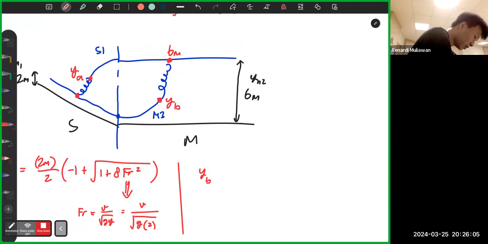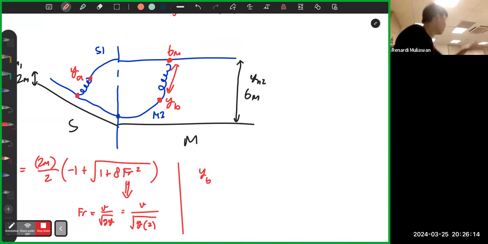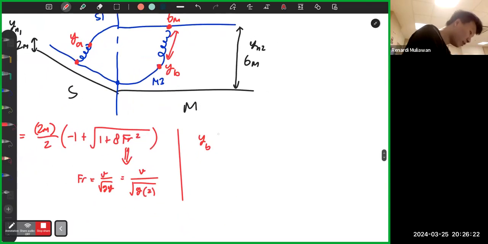This one is YB. So these are the conjugate depths, right before and right after the hydraulic jump. That's why you need to draw the water profile correctly: M3, then hydraulic jump, so go up first. I hope you understand. So YB is 6 meters divided by 2.